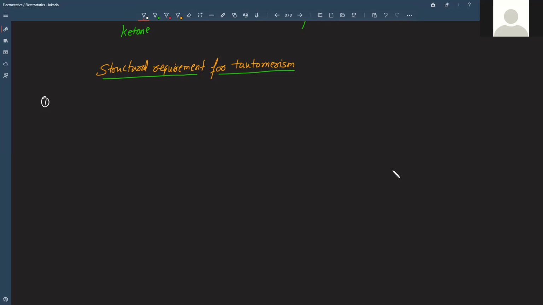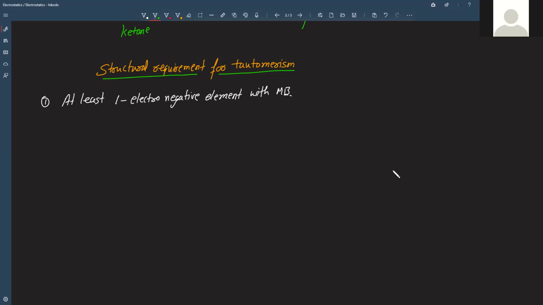So that must happen. There should be at least one electronegative element, plus, obviously, a multiple bond. So multiple bond with electronegative elements or atoms.